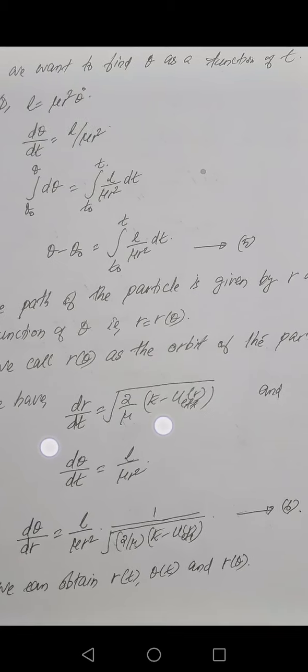That is the relation between theta and r, the equation of the orbit or path of motion of the particle. So in this calculation we got r of t, theta of t, and r of theta. We can calculate whatever we want.